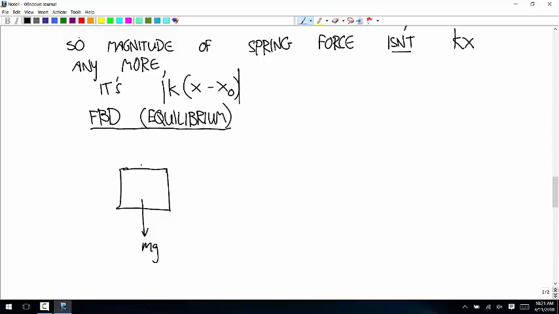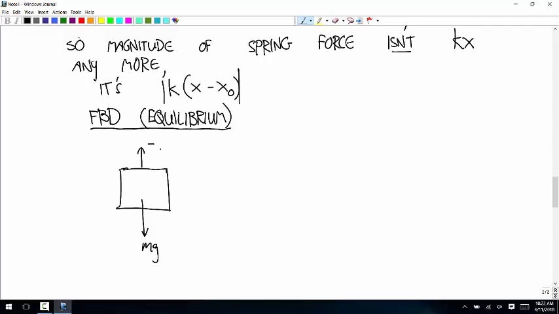And the force of the spring, I'm going to draw it up. If x minus x sub 0 is positive, the spring's going to be pushing down.